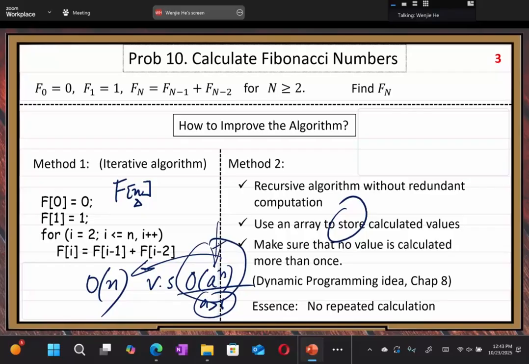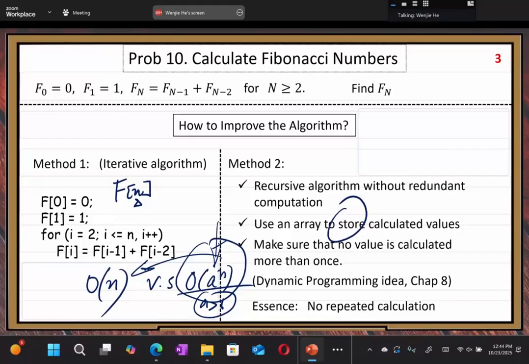The efficiency is an exponential function. Sometime later, after we pretty much complete this module, I will show you why it is an exponential function.